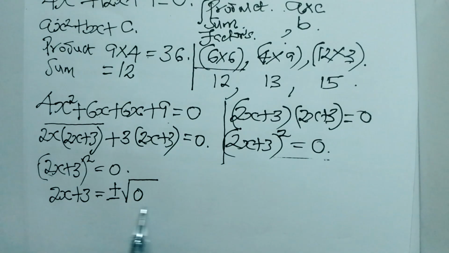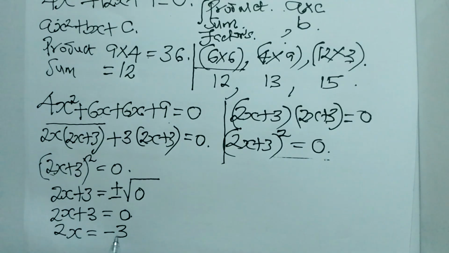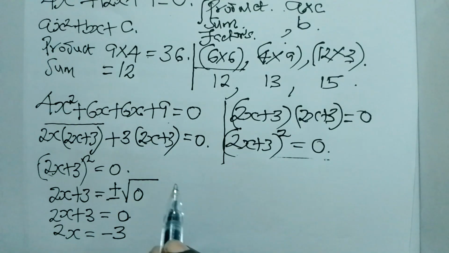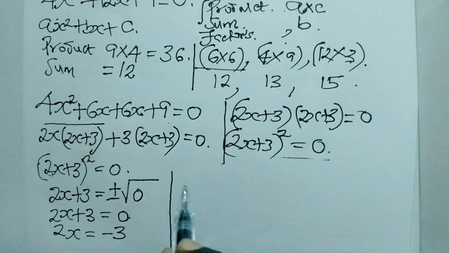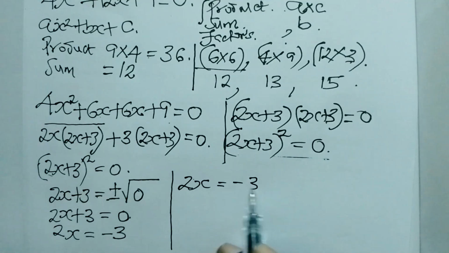Now, the square root of 0 is equal to 0, so it will remain 0 on the right hand side, and we write this as 2x plus 3 is equal to 0. After doing that, we subtract 3 from both sides and get 2x is equal to negative 3.